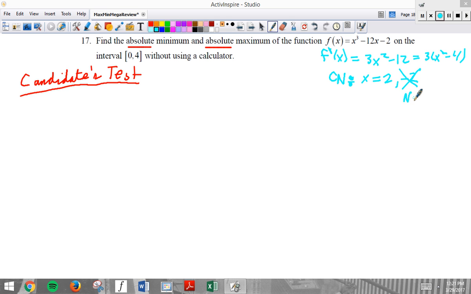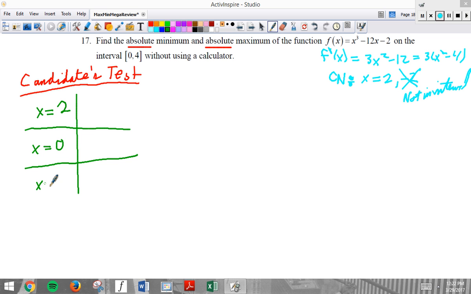Not an interval. You gotta pay attention to that interval, guys. So the only thing I'm really interested in is x equals 2. And then my two endpoints, 0 and 4.